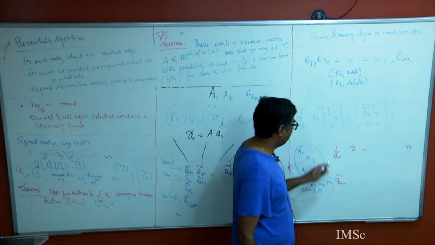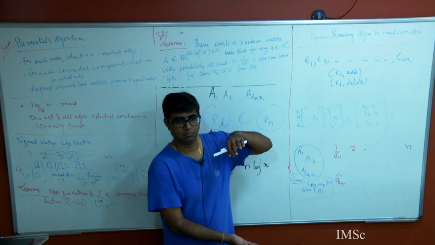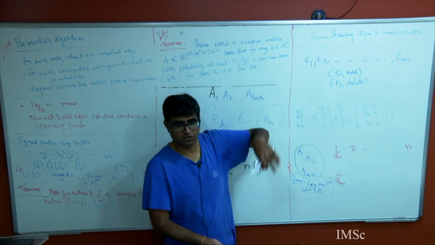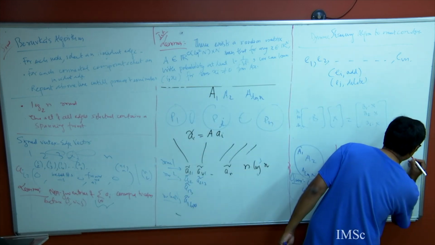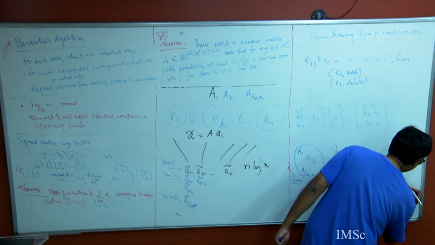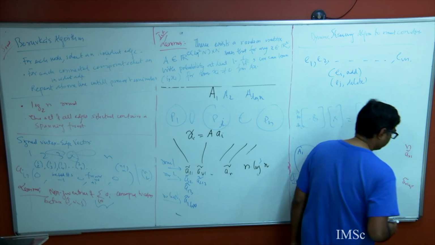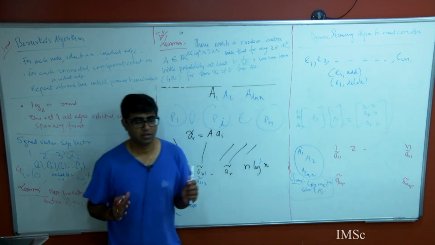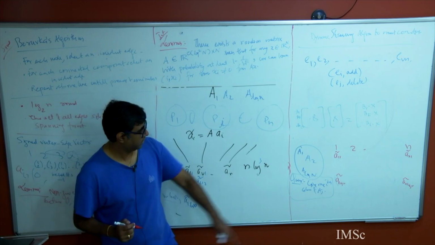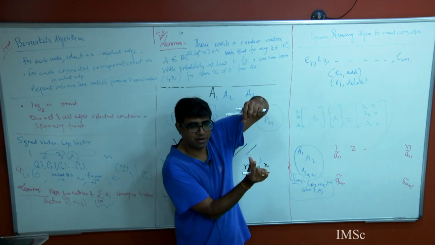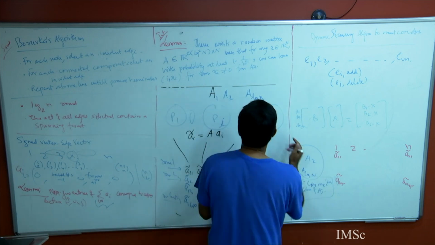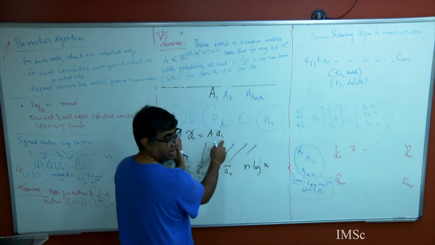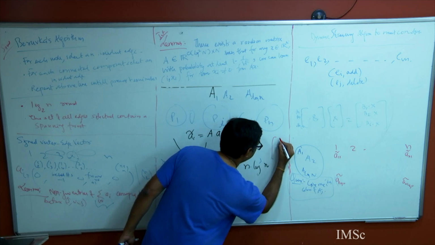In the beginning I have set this to 0. In the beginning all these data structures are set to 0. Here I will have A1 tilde through A log n tilde. This is a row vector of size log n, so log square n. When you multiply with Ai, it's a small vector.